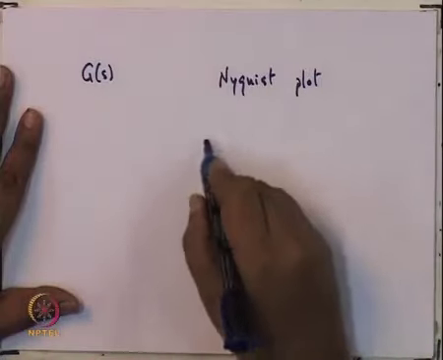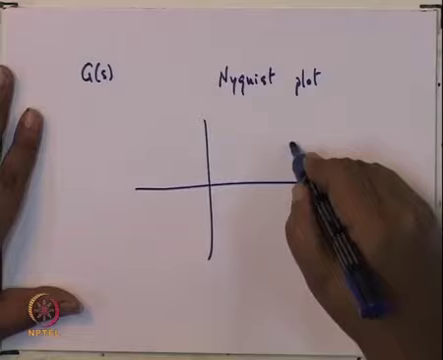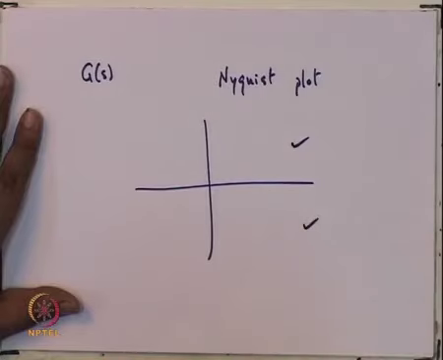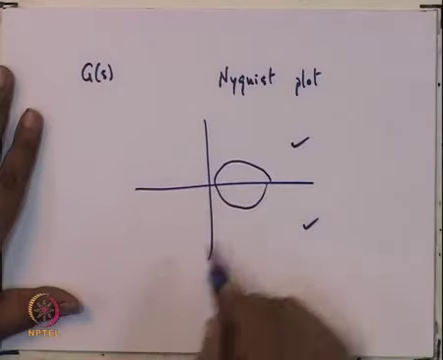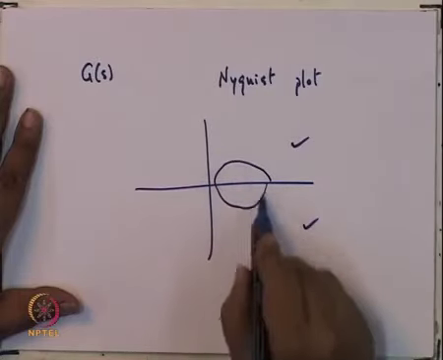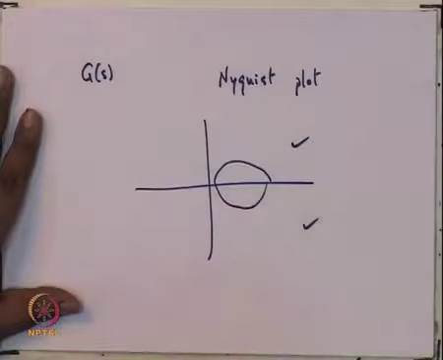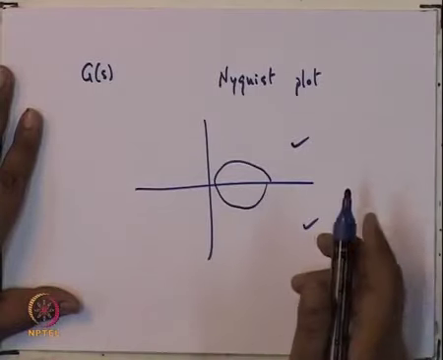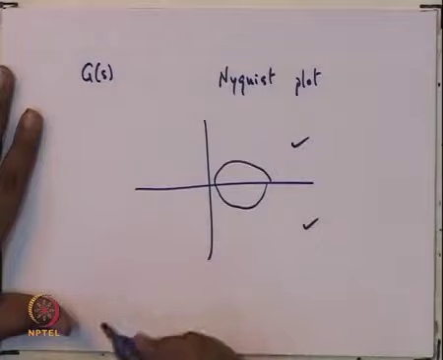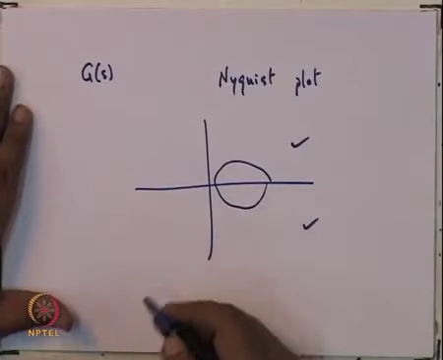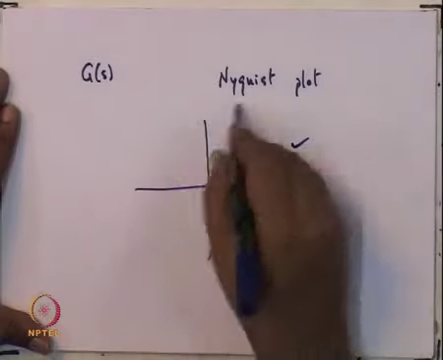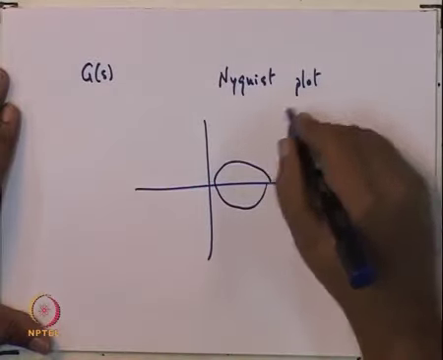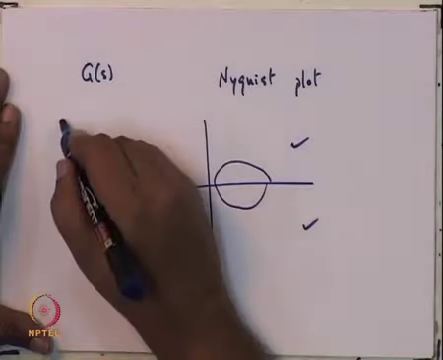And if the Nyquist plot lies in the first and the fourth quadrant, so if you have a Nyquist plot which looks like that, for example, then that transfer function can be called positive real. This is one particular definition of positive realness that you could use. So, if the Nyquist plot is in the first and the fourth quadrant, then you call it positive real.